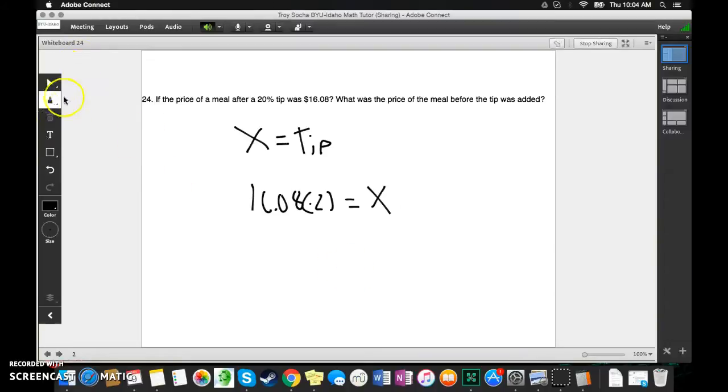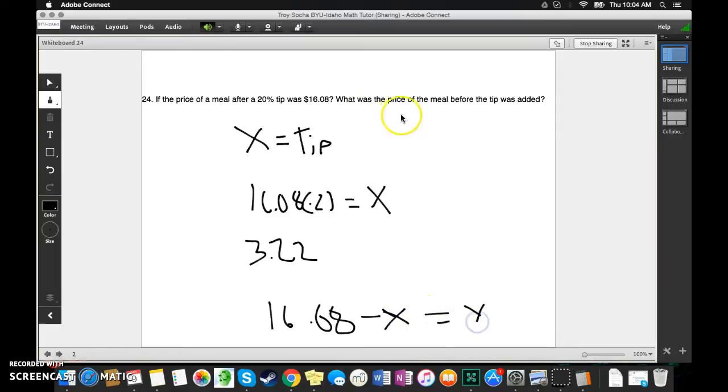That's 3.216, we'll round up. So X equals 3.22. But that's not our answer yet. We need to take 16.08 minus X to find Y, and we're going to make Y the price of the meal. And that will solve your answer.